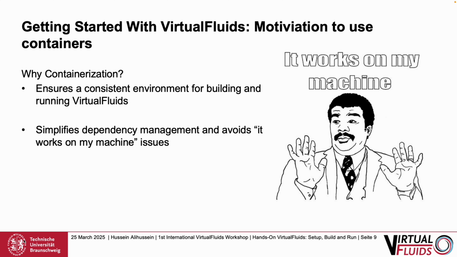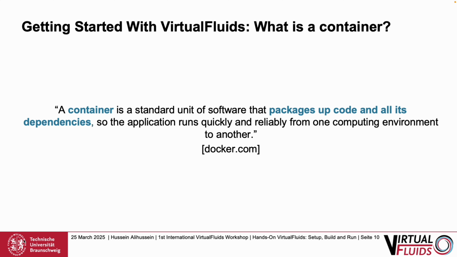When code has external dependencies, we want to package the code and the dependencies together, and make sure this environment is also shipped with the code so that it works on each machine, theoretically. This is the whole idea behind containerization.